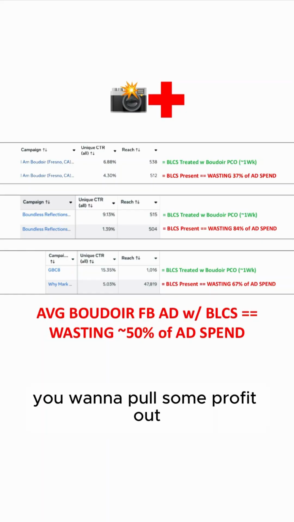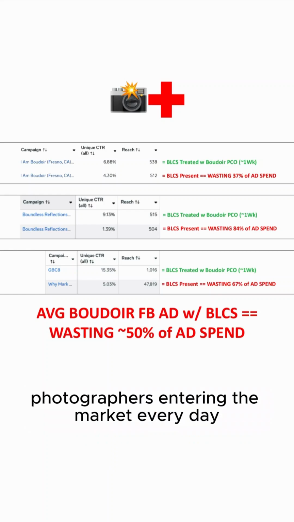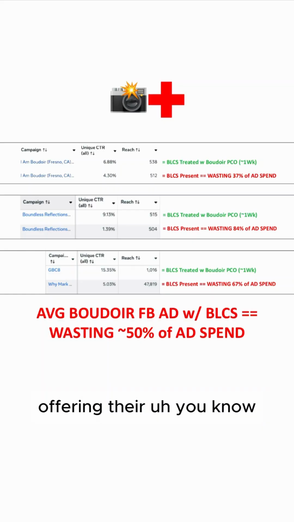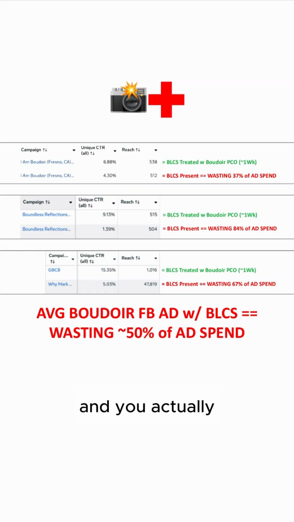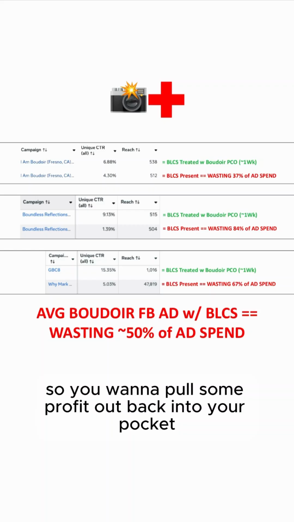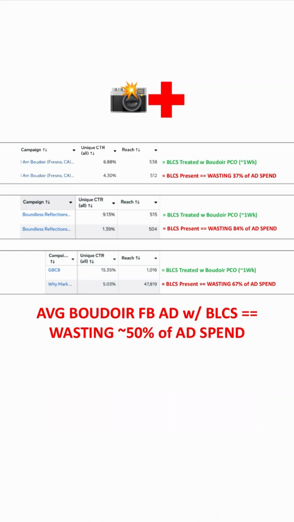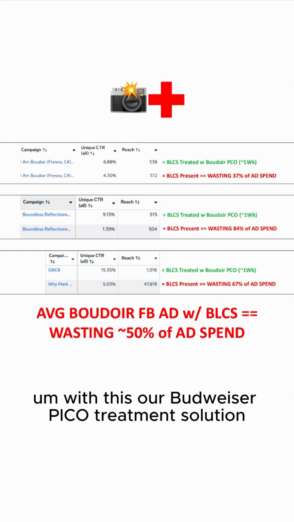You want to pull some profit out because you see more boudoir photographers entering the market every day, pushing prices down, Google business profiles going up, offering their sessions in the mom groups, and we've got inflation, prices going up for everything around us. So you want to pull some profit out, back into your pocket, and we can save approximately 5K a month. That'd be approximately 60K over the next year with our Boudoir Pico treatment solution.